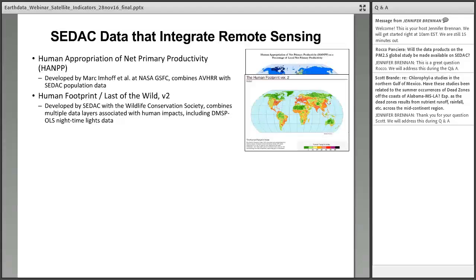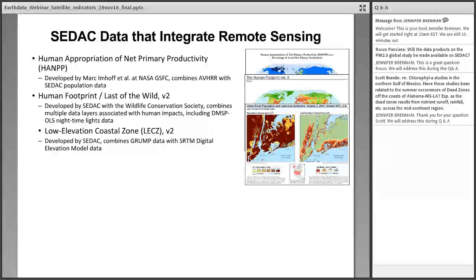The human footprint data set and Last of the Wild, which has nighttime lights data included. We've done data products such as the low elevation coastal zone, which measures populations in areas in each country in those low elevation areas, and that's using Shuttle Radar Topography Mission data.